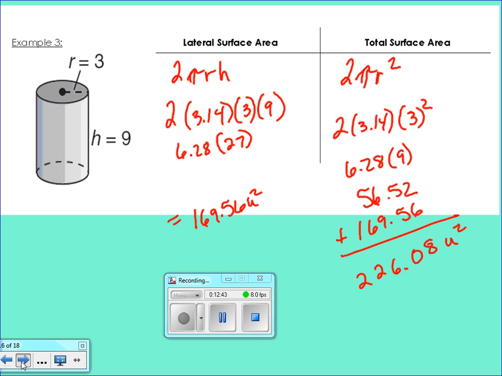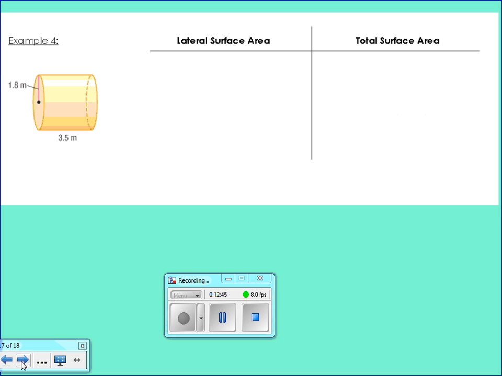All right. The last example here uses decimals. Okay, and we're just going to set it up because you'll probably be using your calculator today to figure it out anyway. But setting it up, 2 pi r times the height, 2 times 3.14 times, what's the radius? 1.8, and the height is 3.5.